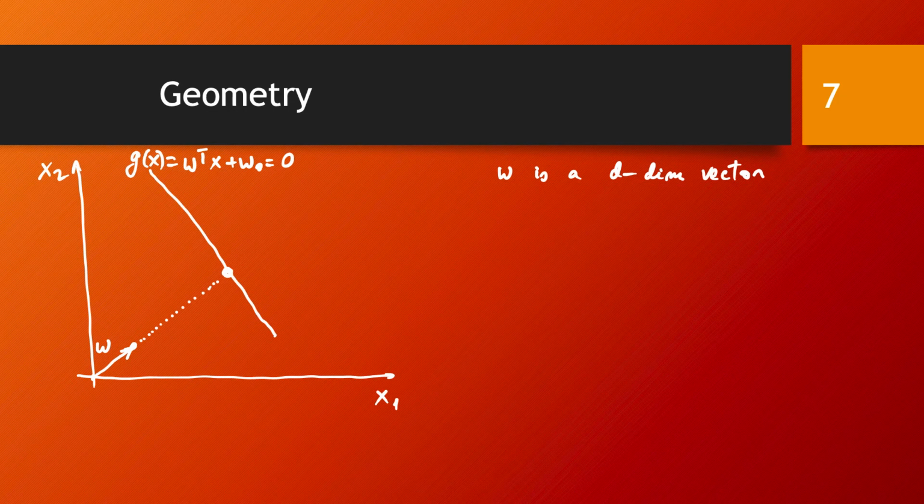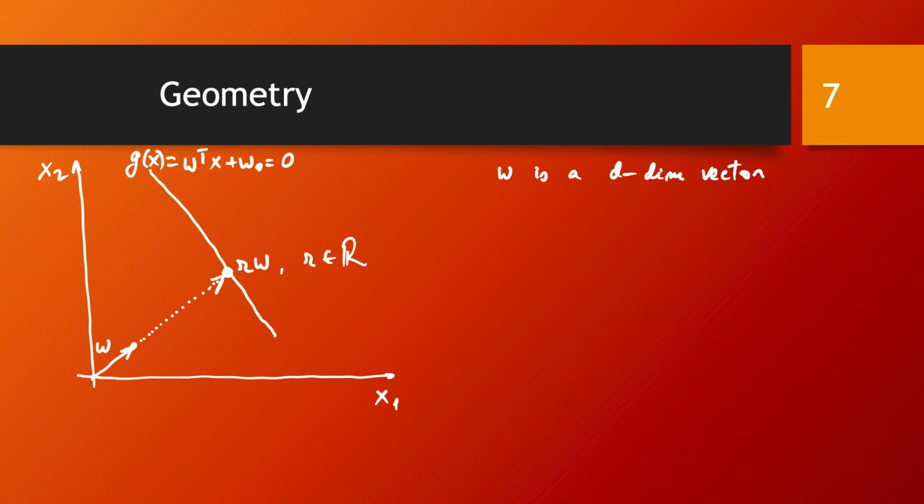So this point right here, obviously because it's on the direction of w, is going to be of the form r times w, where r is a real number.